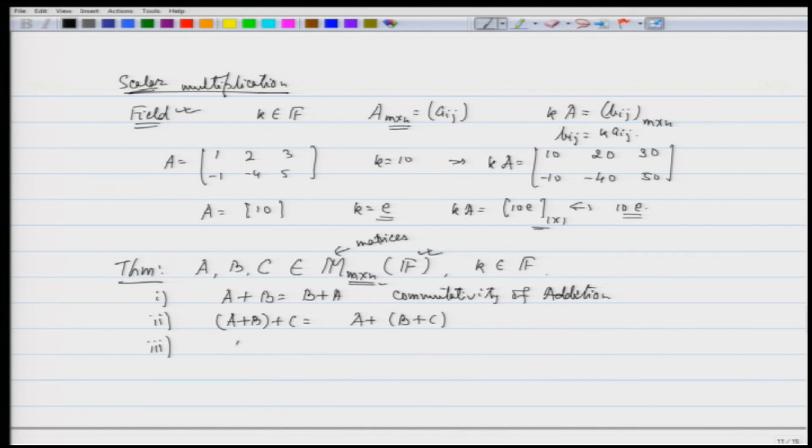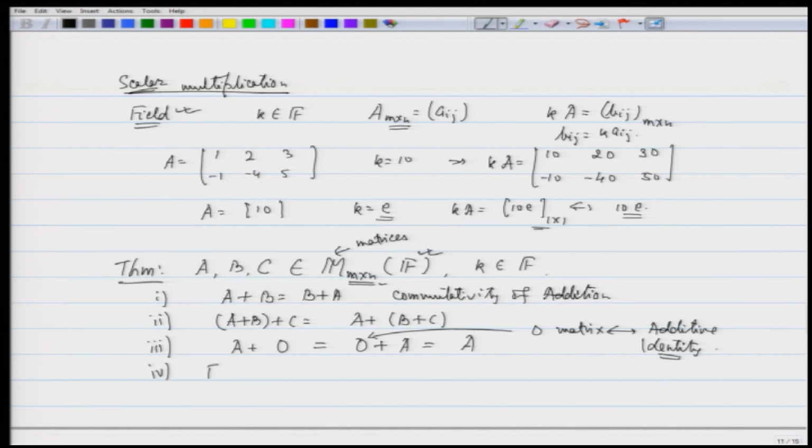Third, for every matrix A, whatever A I have got, I have a 0 matrix, so that A plus 0 is 0 plus A, and it gives me A. So, I have the 0 vector for me. So, here this 0 matrix behaves as additive identity. So, identity basically means which does not change. So, with respect to addition, if I add A to 0, A does not change, A remains as it is.